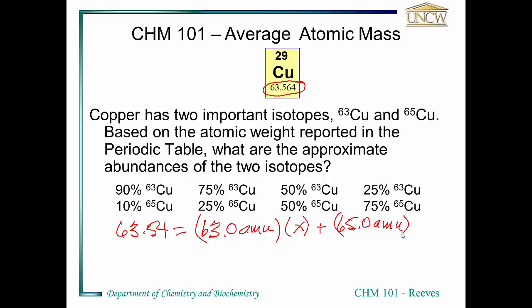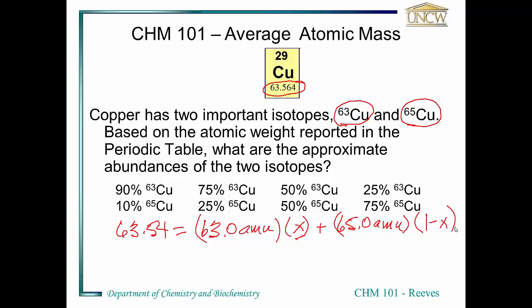We don't know its abundance either, but we can't use another variable because then we would have one equation in two unknowns. But what we do know is that the abundance of isotope 63 plus the abundance of isotope 65 must equal 1. So if the abundance of 63 is x, the abundance of 65 must be 1 minus x.